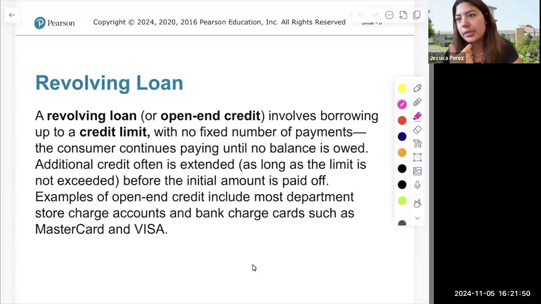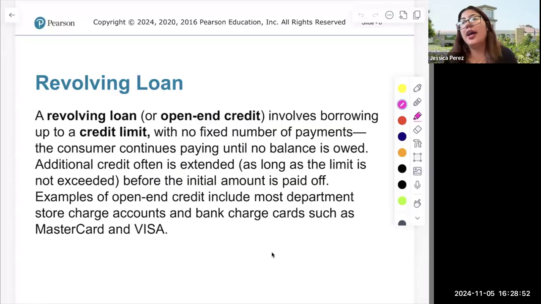So if you keep using it and you don't spend the whole 5,000, let's say by the end of the month, you paid off your 5,000. When we were discussing revolving loans, it's more like a credit card where you pay it off once you start borrowing money, but then you can start from scratch.